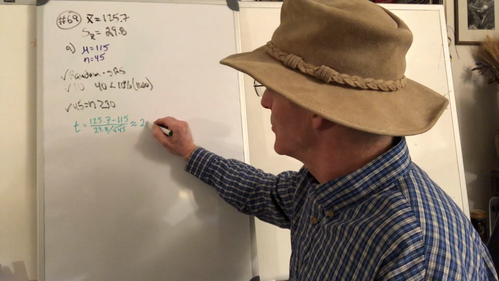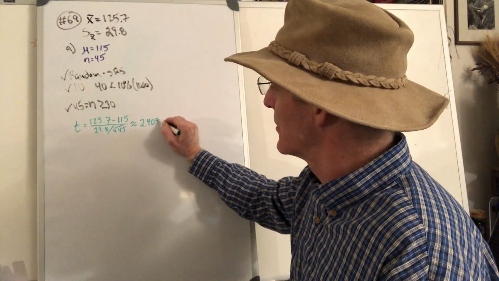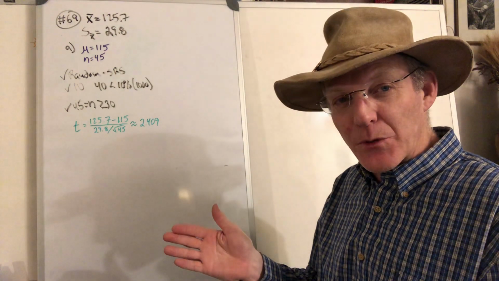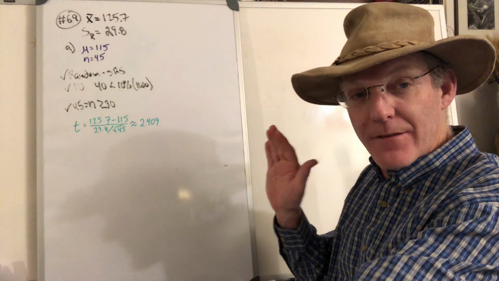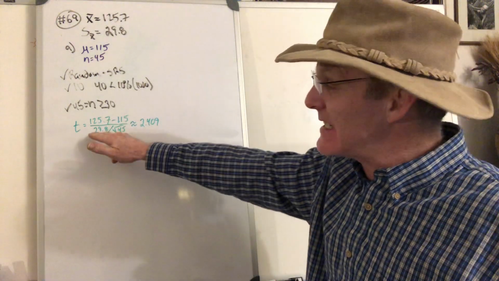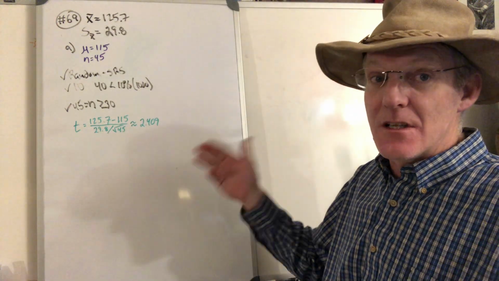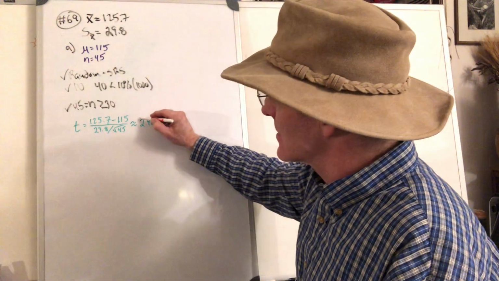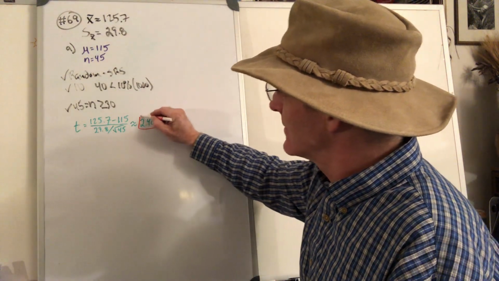Let's put that down, 2.409. So it's like a z-score on the z-table. It's like how many standard deviations away from the mean you are, but this is a t-score on the t-table. So it's a little different. So there's our answer to part A.